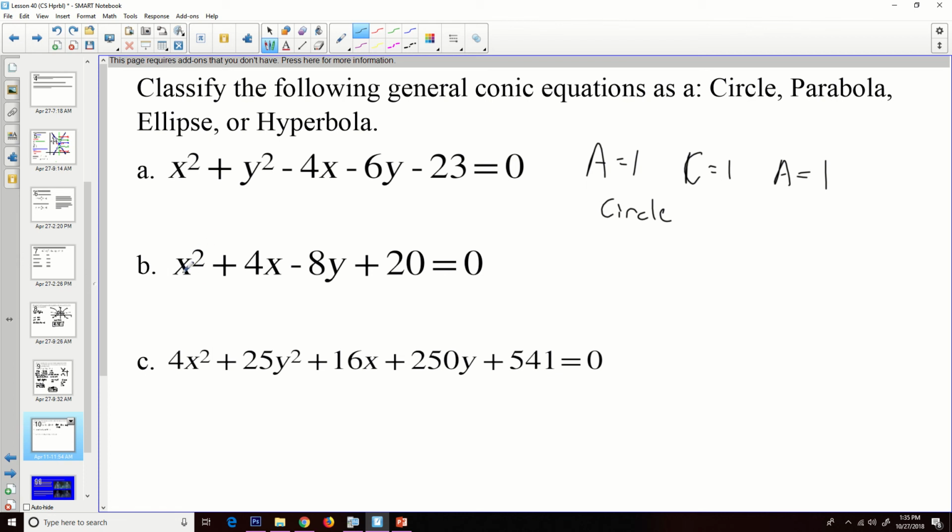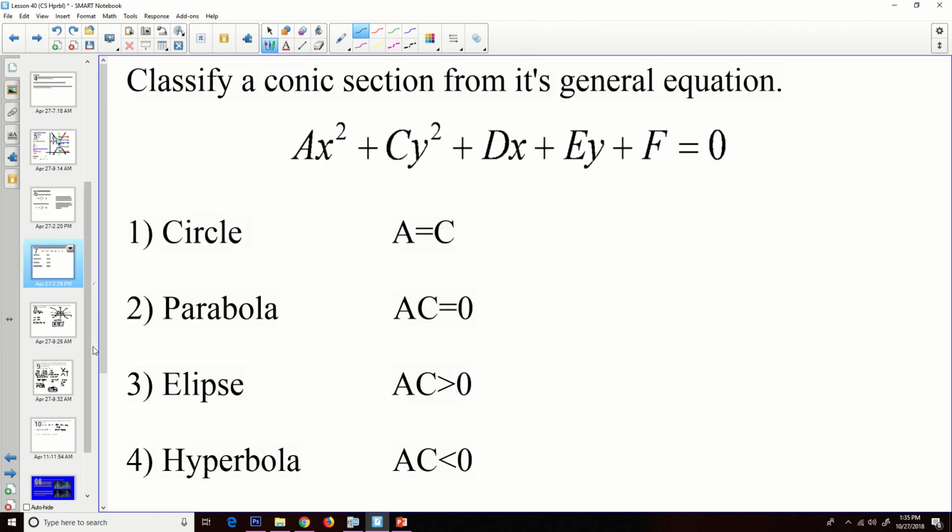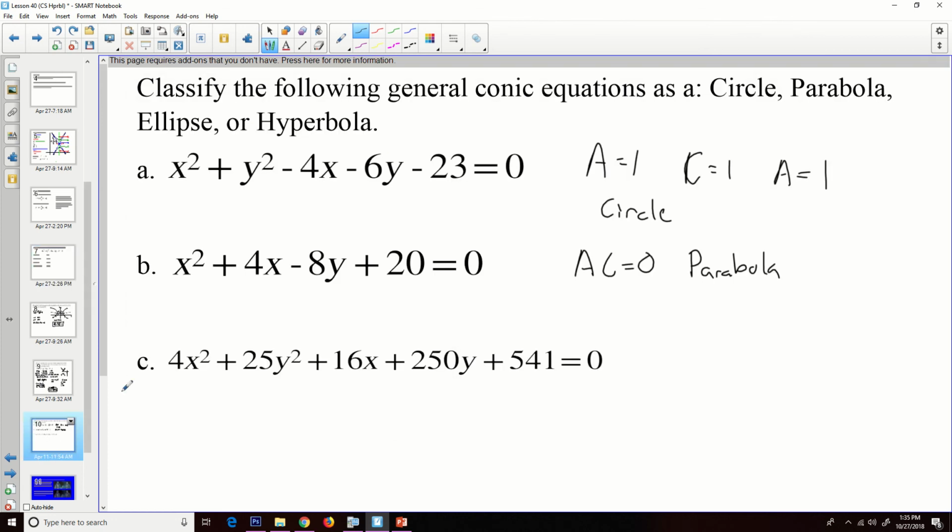All right. I have an x squared, but I have no y squared. So AC equals 0. This is a parabola. And again, when AC is equal to 0, it's a parabola. And then this time I have an A equal to 4, a C equal to 25, AC is equal to 100.